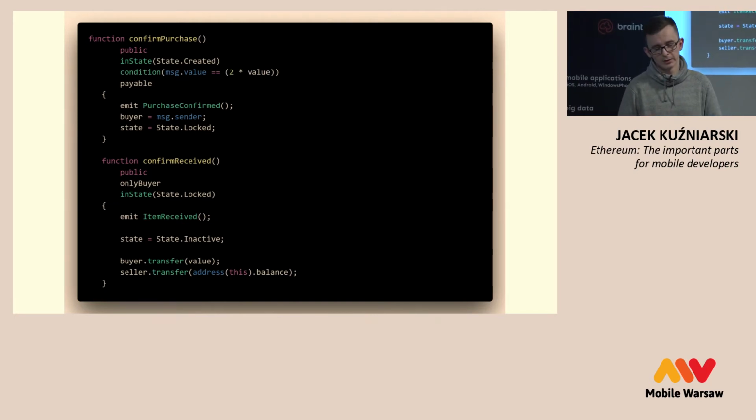Message is a built-in object of the contract itself, or rather of the transaction that is sent. And he needs to send the value that we want to sell it for, and also submit some gas, which is ether in a way. And only then do we proceed with locking the purchase for him.